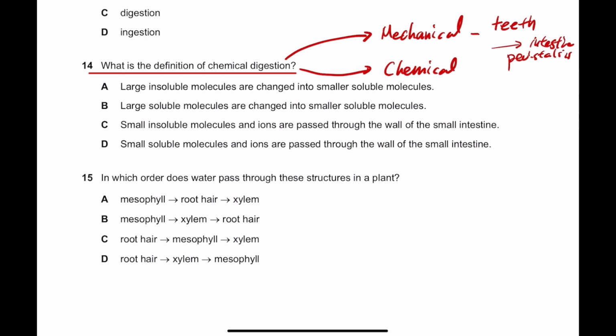That's a physical movement, and that physical movement, bowel movement, can actually digest the large food molecules. And the chemical digestion happens mainly by enzymes. The chemical digestion refers to the breakdown of large insoluble molecules into smaller soluble molecules. So A is correct.